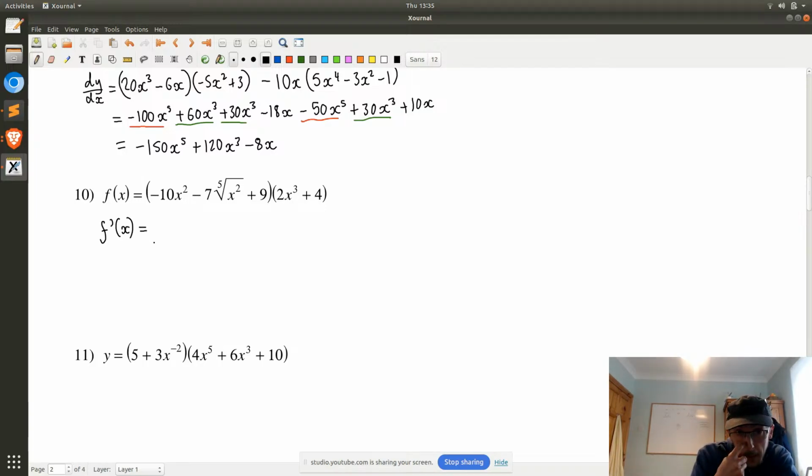So what do? Well, we remain stalwart and recognize that inner term there is that negative 7x to the 2/5. So I differentiate the first one.